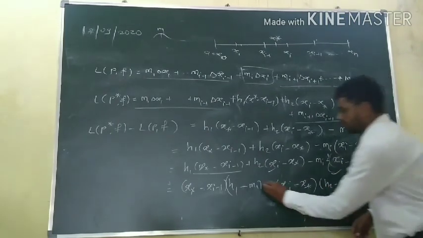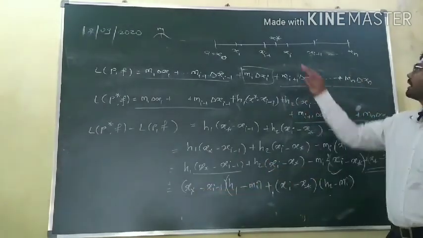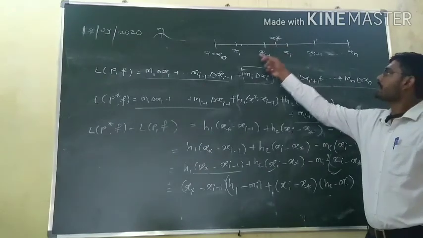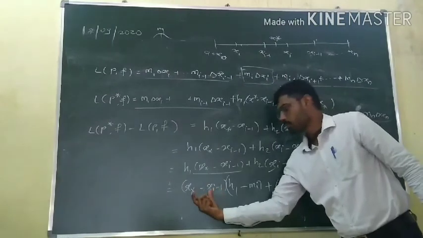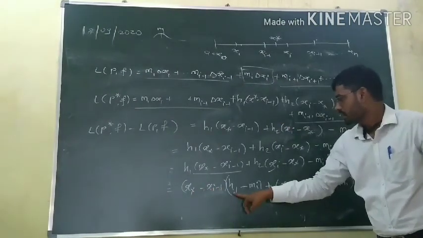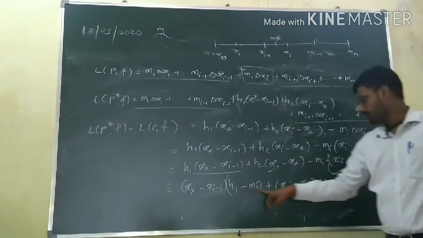Now we can see x star minus x i minus 1. x star is ahead of x i minus 1, that is, x star is greater than this term, so the difference is greater than or equal to 0. Again h1 minus m i: we have already seen h1 is greater than or equal to m i, and h2 is also greater than or equal to m i.